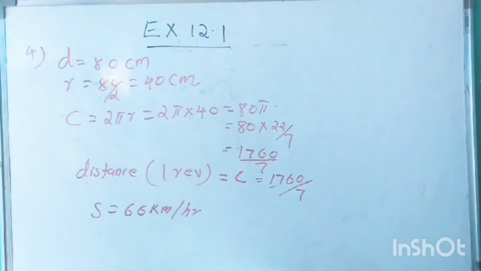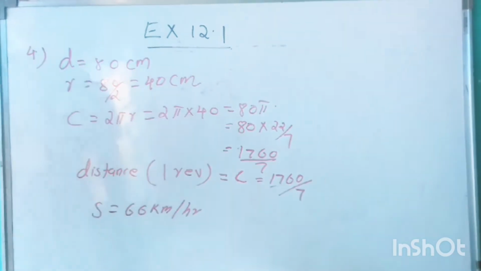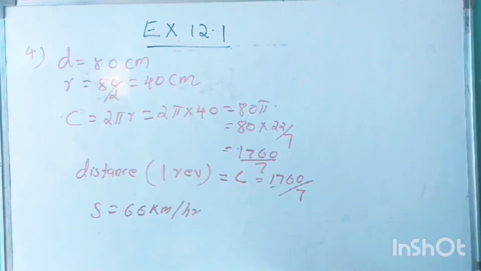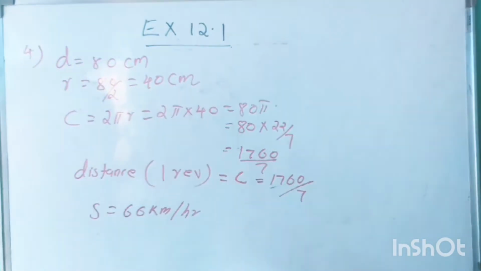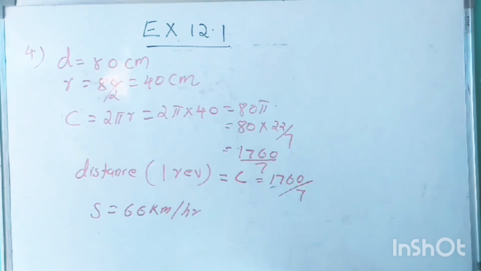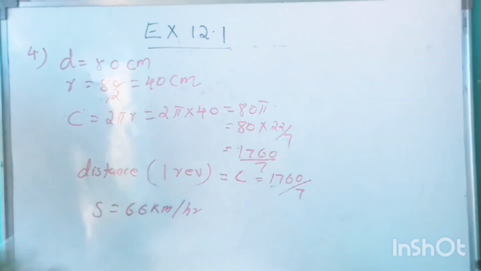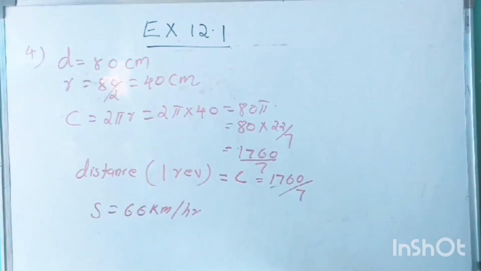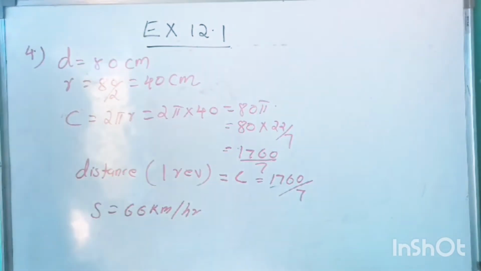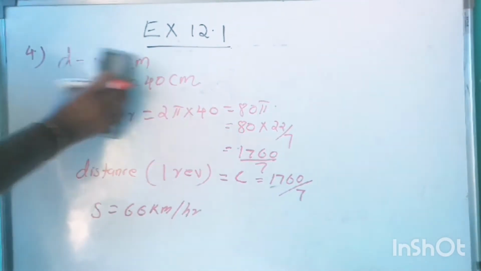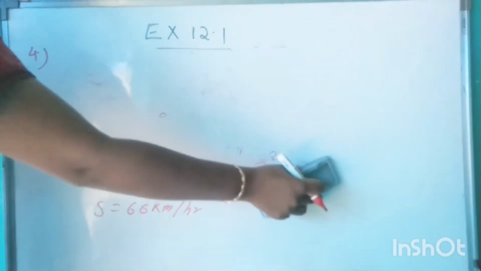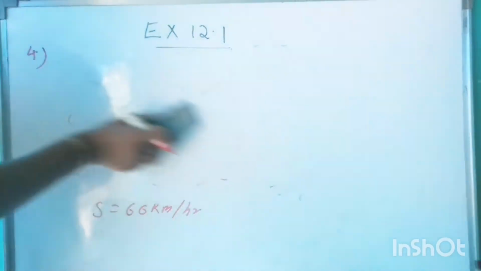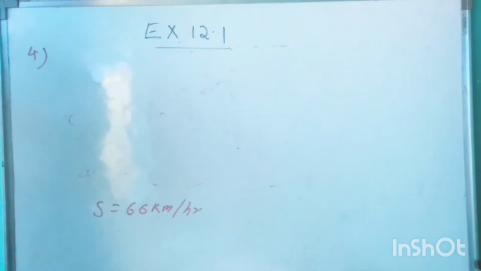66 kilometer per hour. This is given, and here this information is given in kilometer, but all other information is given in centimeter. So we need to convert this into centimeter. Okay, so I'm going to convert that into centimeter. So kilometer into meter, then meter into centimeter.